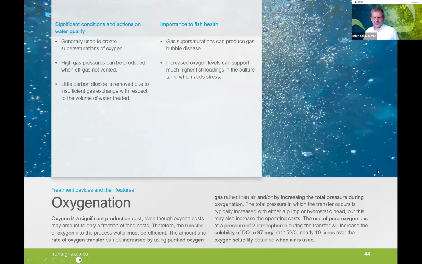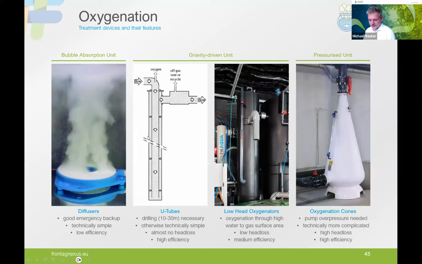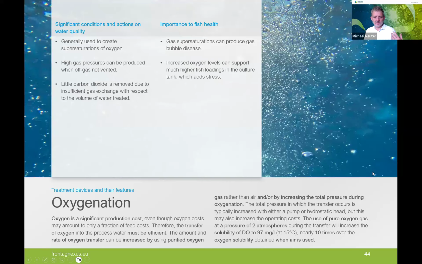If we are having a more intensive system, we can no longer go only with aeration because the fish would use up too much oxygen. Then we need to supersaturate our process water with oxygen before we lead it into the culture unit.